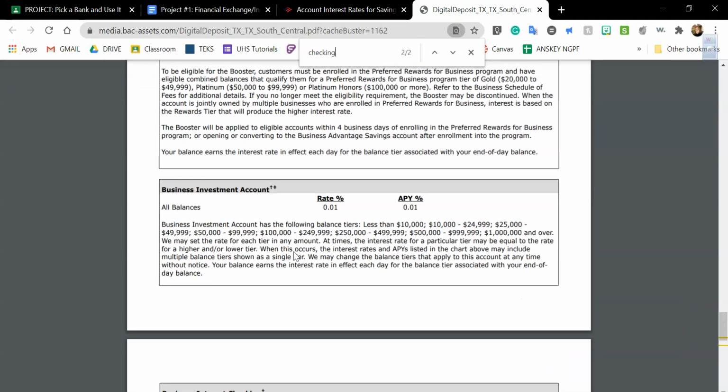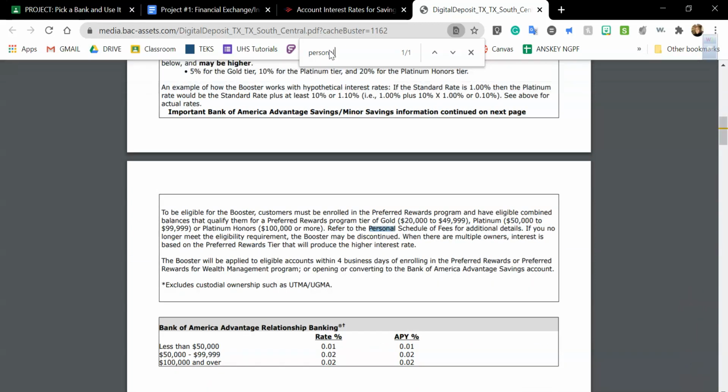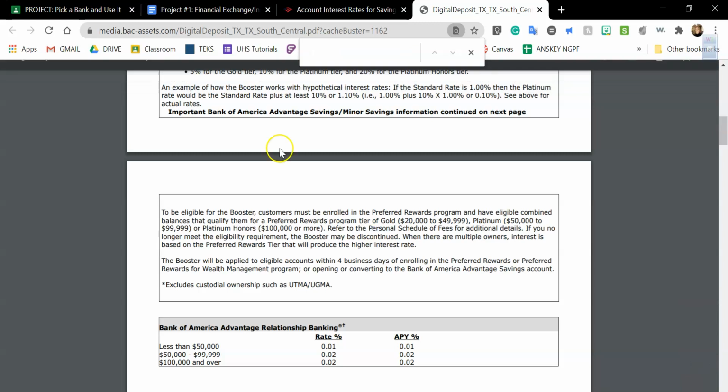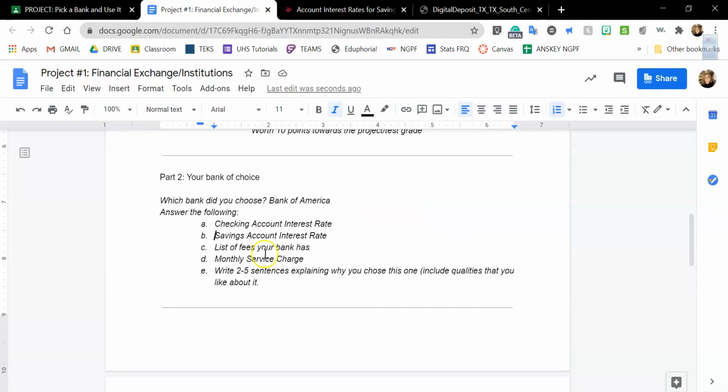It looks like they don't have a personal one, but most of their rates are going to be 0.01. And this is important that you have, because you are going to use this tomorrow whenever you create your register, because we need to know our interest rate to calculate how much interest you would have.